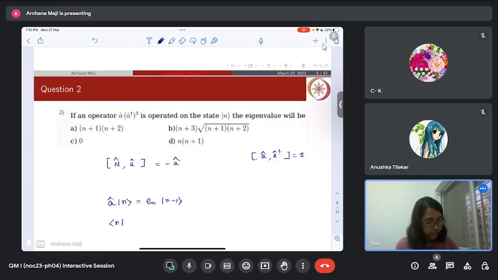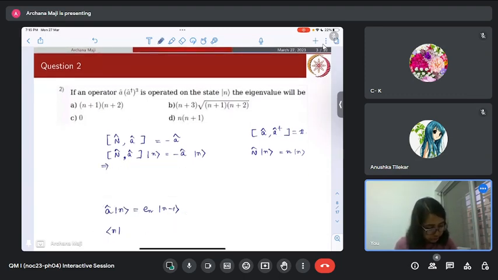Now n ket is an eigenstate of the number operator with eigenvalue n. So on this operator equation, if we act on the ket n, what do we get?